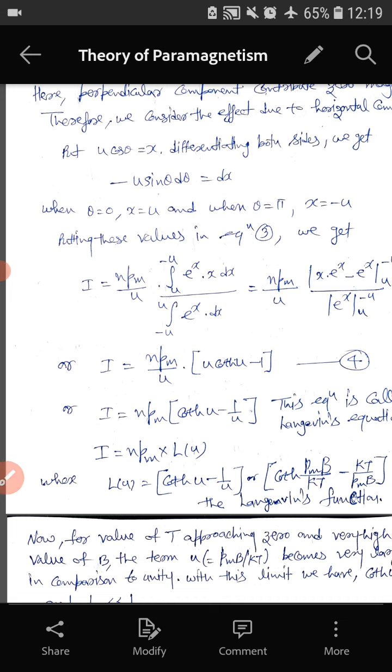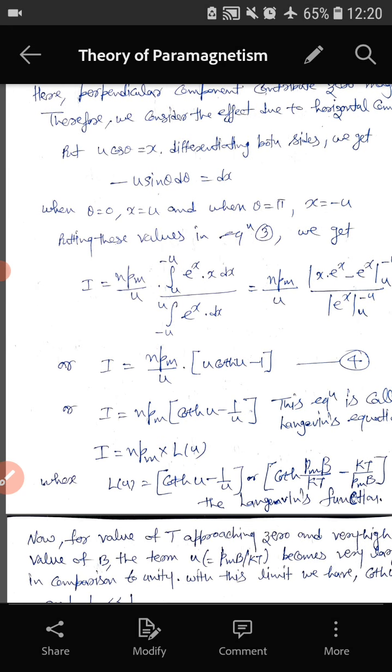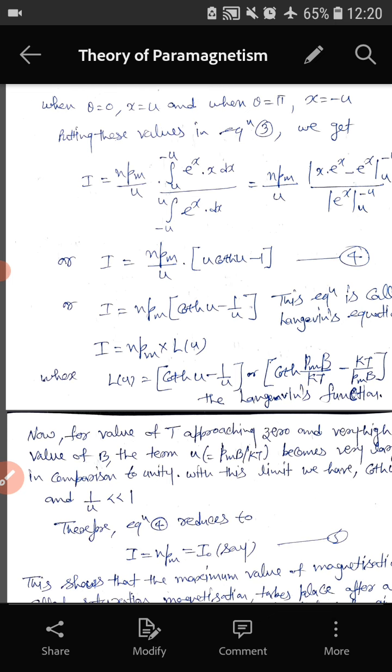Now we consider a special case of this function. Suppose we consider the temperature approaching 0, meaning at very low temperature, and for a very high value of B. In that case the term u, which is Pm B by kT, becomes very large, because B is large and T is small, so u will be very large in comparison to unity. So this term 1 by u will become 0. Within this limit, coth u will be approximately equal to 1, and 1 by u is much less than 1.